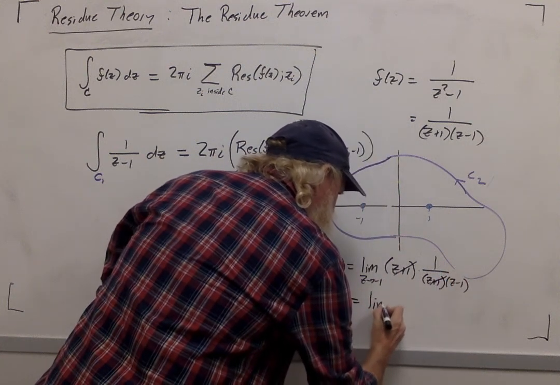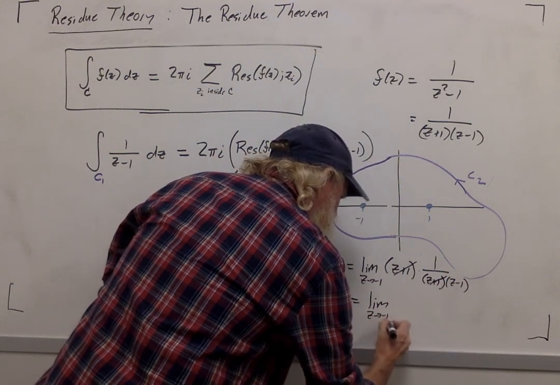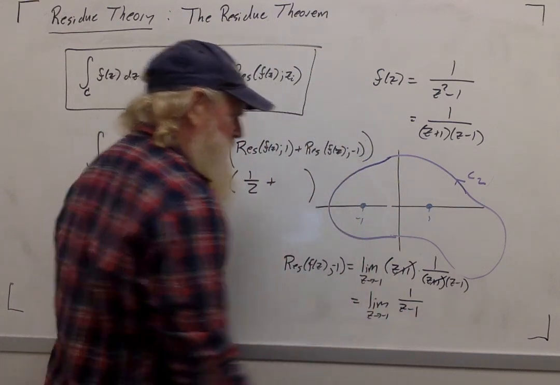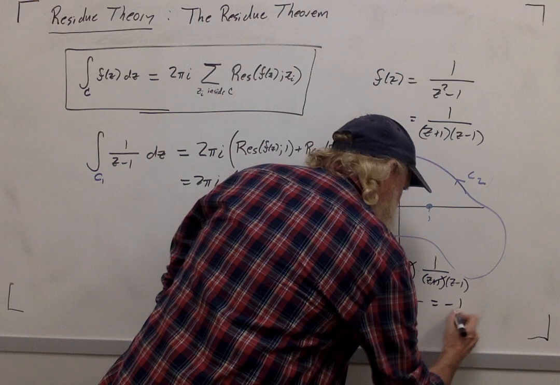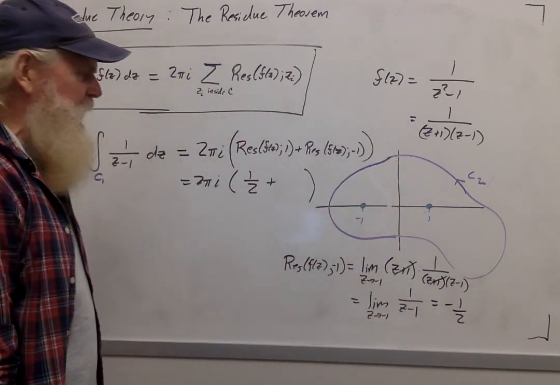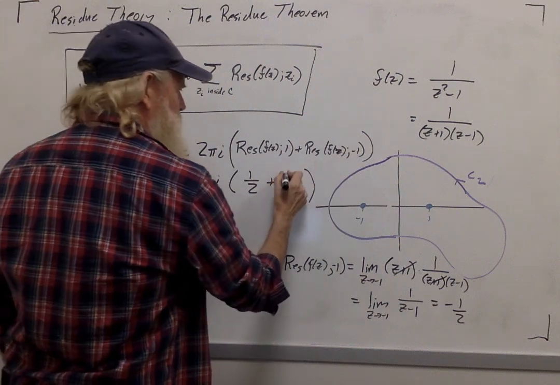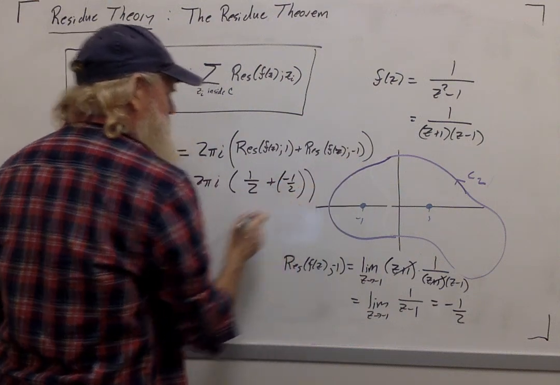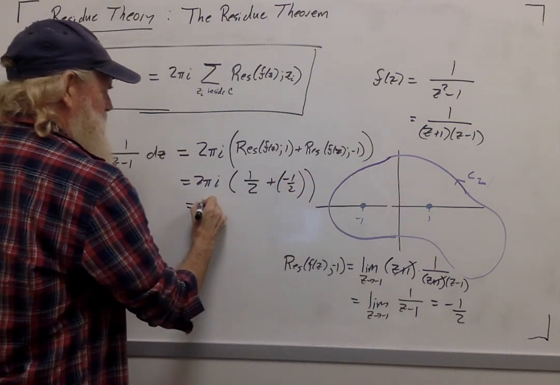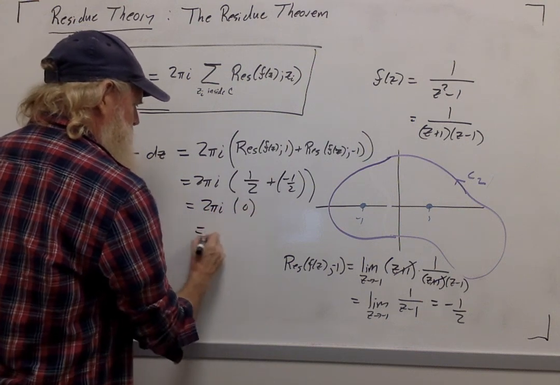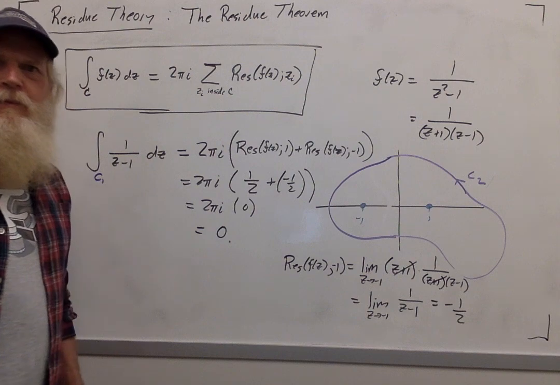This is the limit as z goes to negative 1 of 1 over z minus 1. And using direct substitution, I get negative 1/2. So the residue of the function at negative 1 is negative 1/2, which means that my integral is 2 pi i times 0, which is 0.